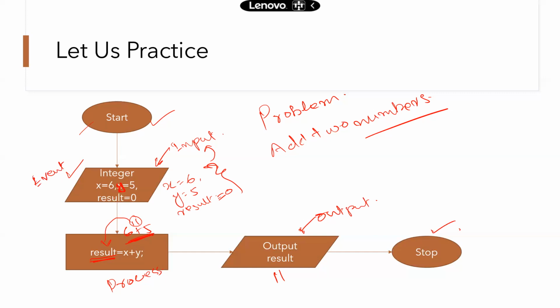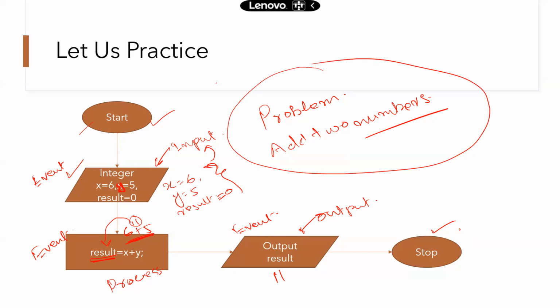Now this event is further connected to a subsequent activity or event, and this is another event or activity. So we are connecting from one event or activity to another, giving a step-by-step flow for solving this problem that we had.